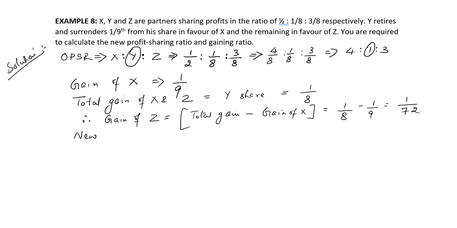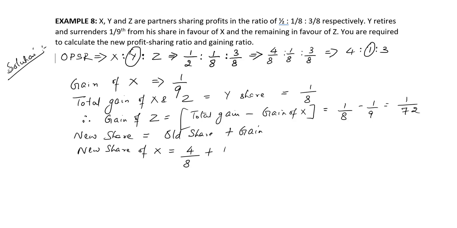We can apply the formulae. New share is equal to old share plus gain. Hence, the new share of partner X is equal to old share 4 divided by 8 plus the gain of X 1 by 9, which is 44 divided by 72.